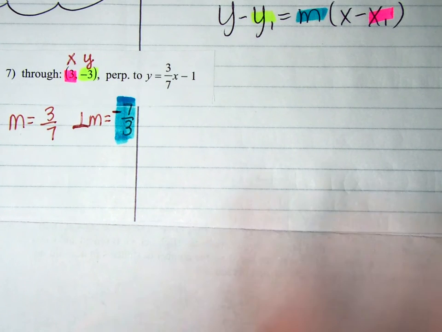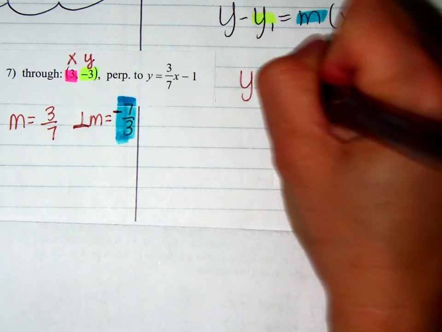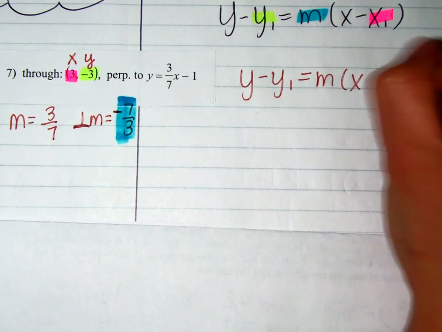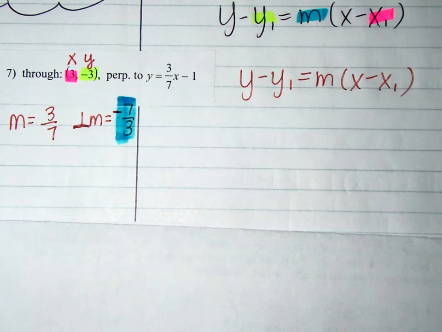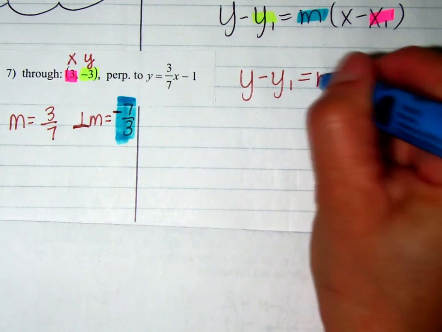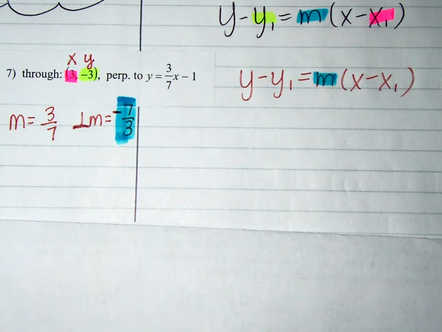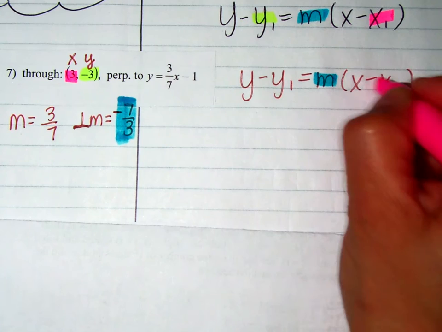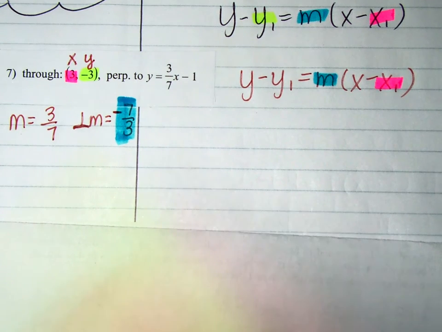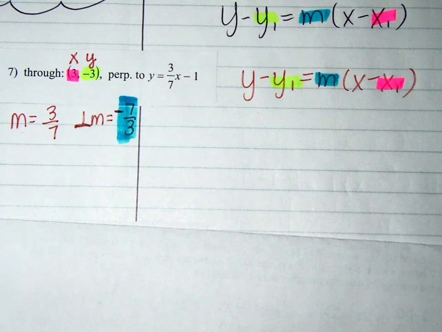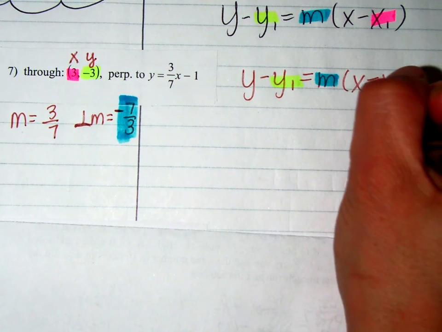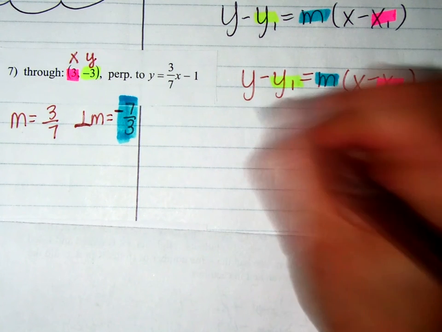Let's write our formula. I have y minus y sub 1 is equal to m times x minus x sub 1. And I'm going to color code my formula to make sure that I don't make any mistakes when I plug stuff in. Whatever I highlighted, we are not changing. We're just bringing down.